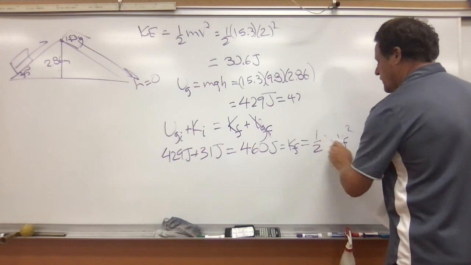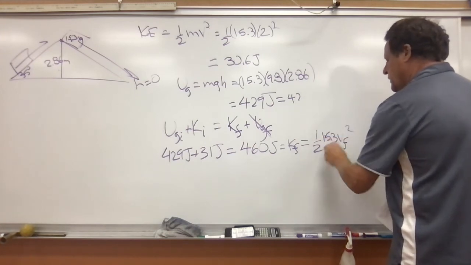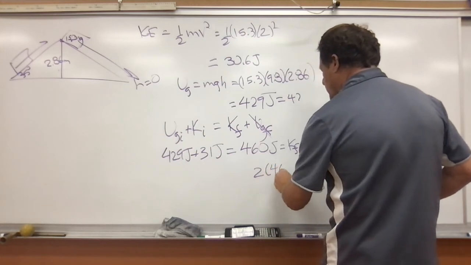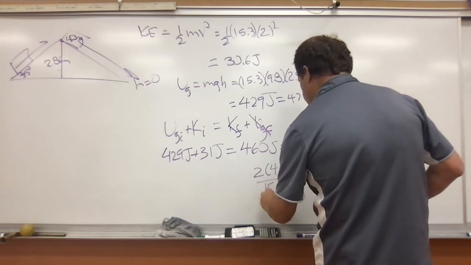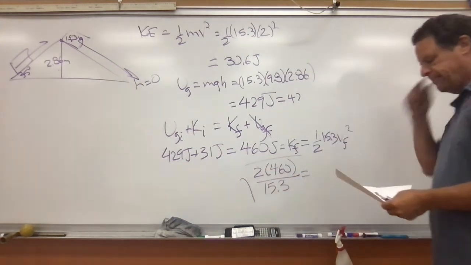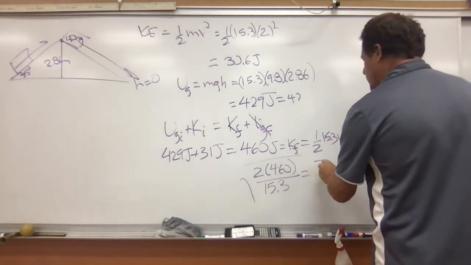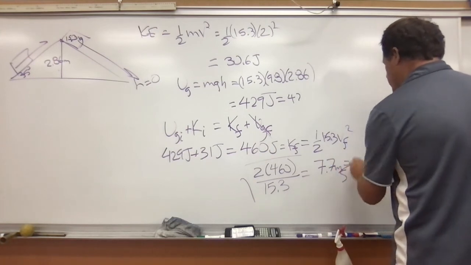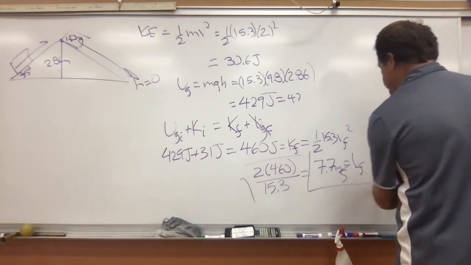We know that this is 15.3. So we can say 2 times 460 divided by 15.3, and then we'll take the square root of that, and we will realize that we are at 7.7 meters per second is equal to our final velocity.